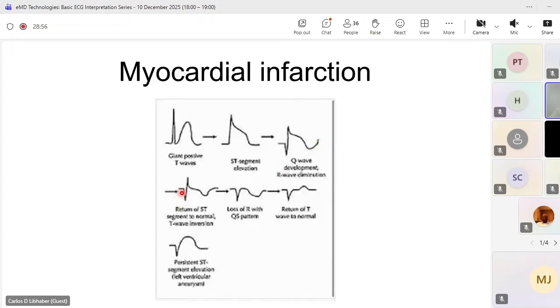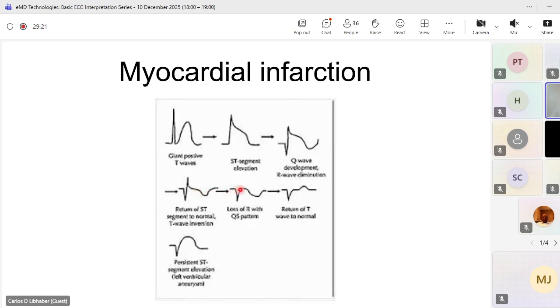A little bit later, the Q is even more pronounced. I am losing the R wave. The R wave meant healthy myocardium. Every time I have more necrotic myocardium and less healthy myocardium and a negative T wave.